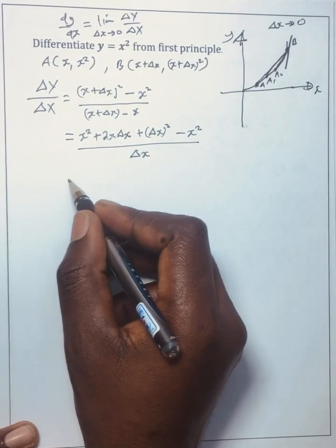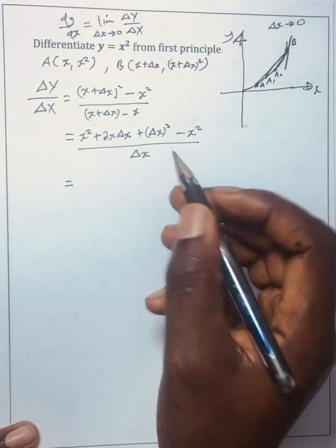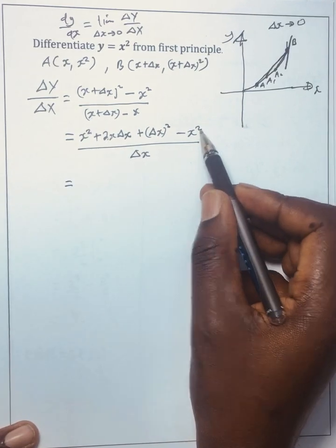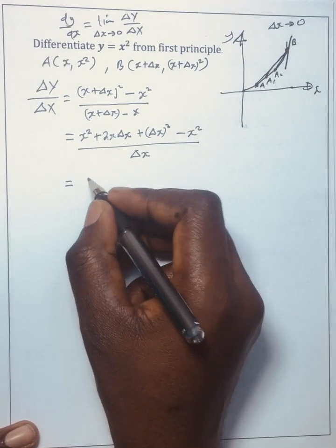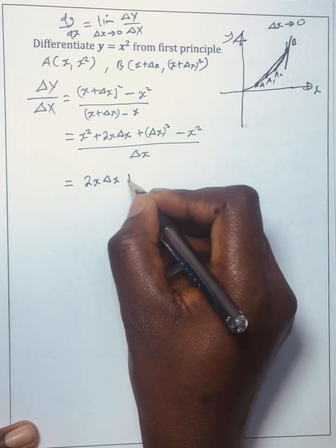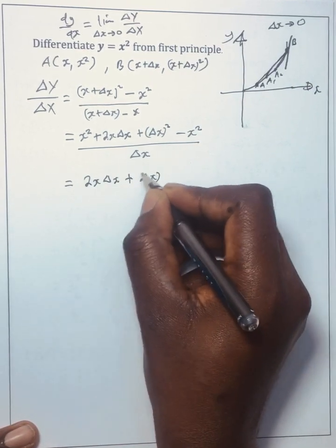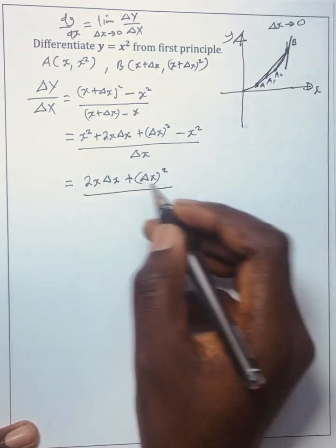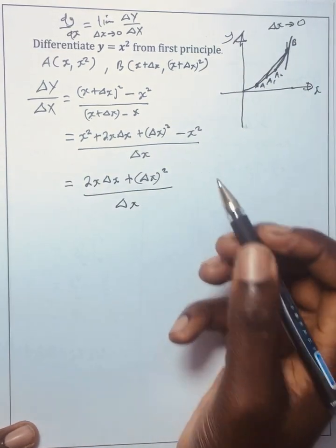We can simplify that so that x squared minus x squared is 0. So we are left with 2x change in x plus change in x squared over change in x.